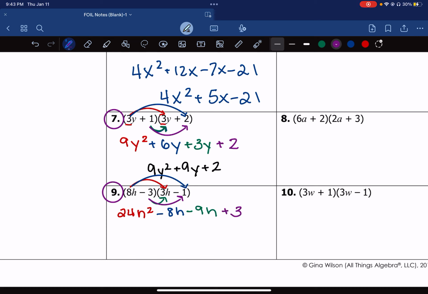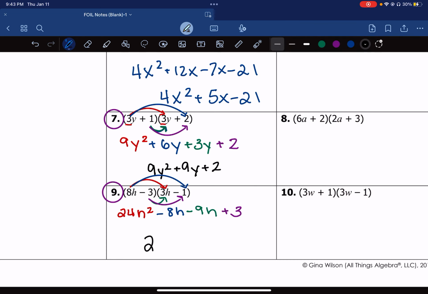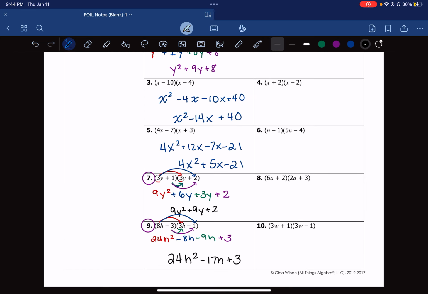All right. Now, we should, at the end here, have 24h squared minus 17h plus 3. Hopefully that all went according to plan and everybody sort of got what we were going with there.